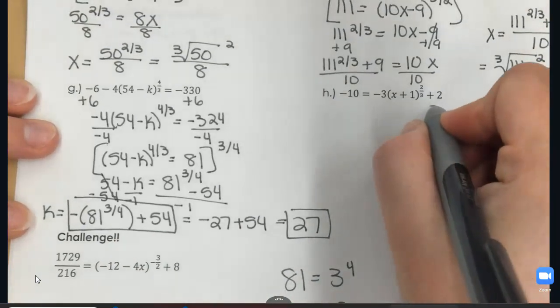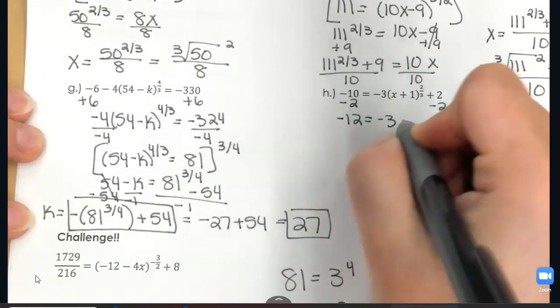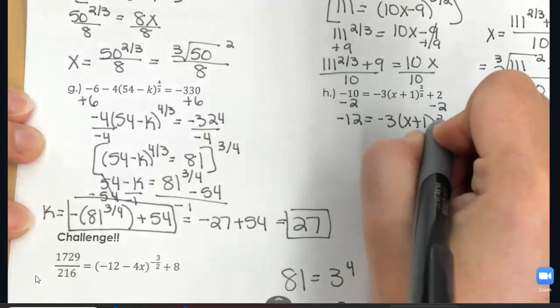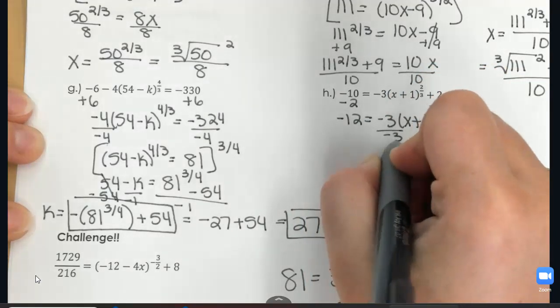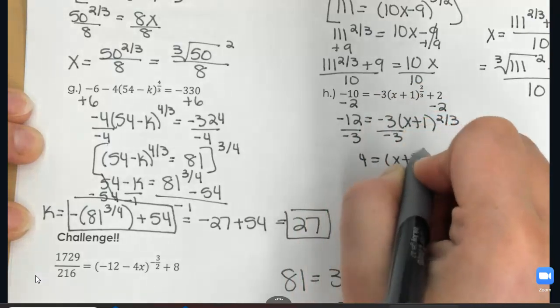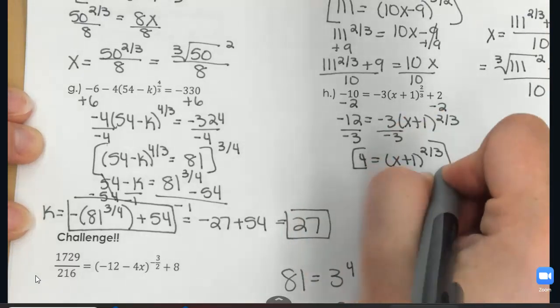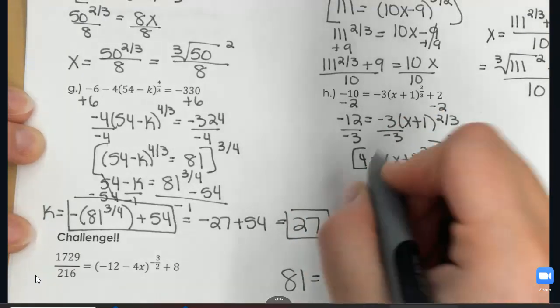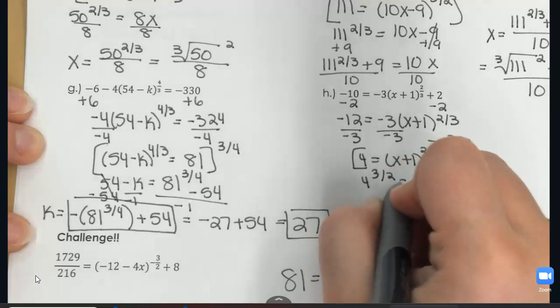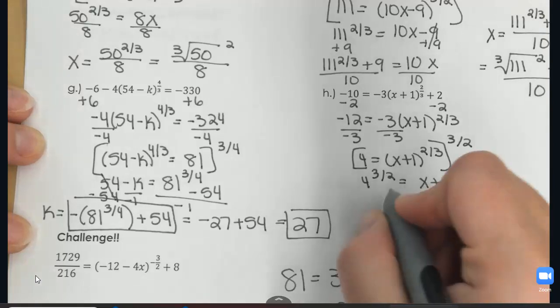Okay, our last one, I'm going to subtract 2, and then divide by negative 3. Our reciprocal exponent here is going to be to the 3/2. So 4 to the 3/2 will equal x plus 1. And then you are going to subtract 1.